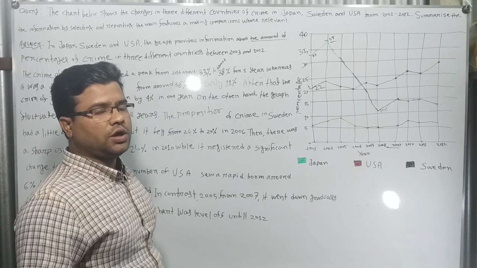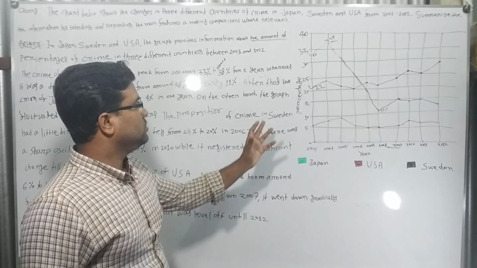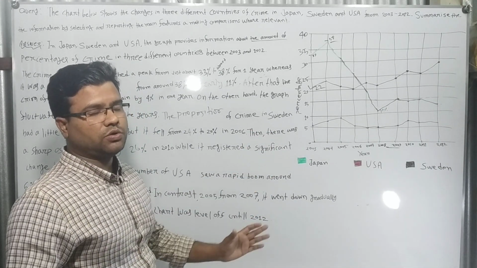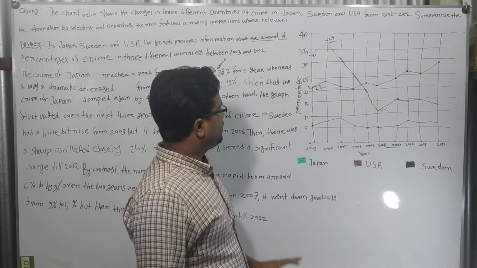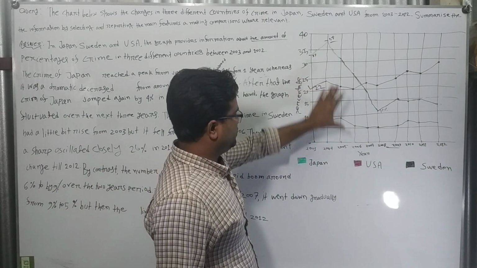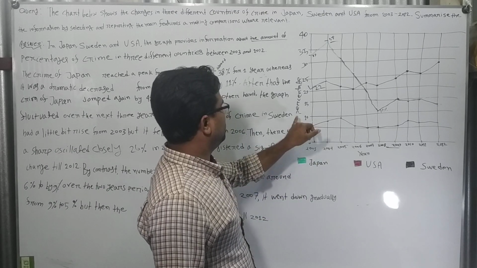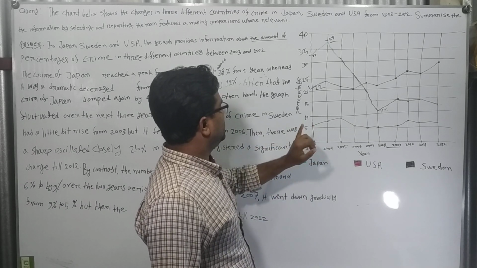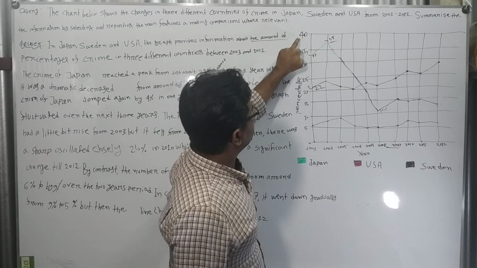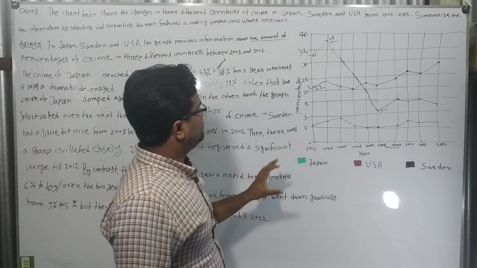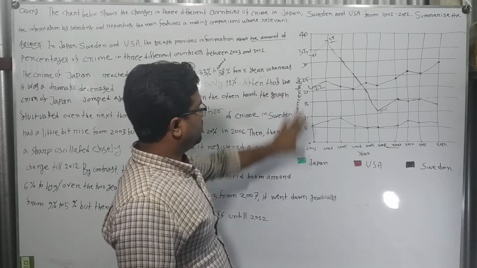If you want to write task 1, you have to understand the line graph overall. You have to understand all the things such as percentage, 40, there is a gap of 5, all things.